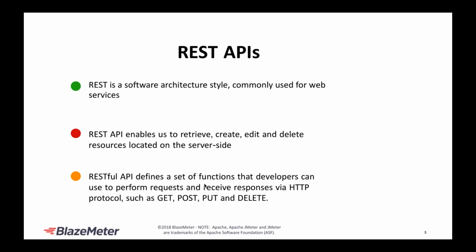How do we do this? A RESTful API defines a set of functions that developers can use to perform requests and receive responses. And it's done via HTTP methods such as GET, POST, PUT, DELETE, and more.